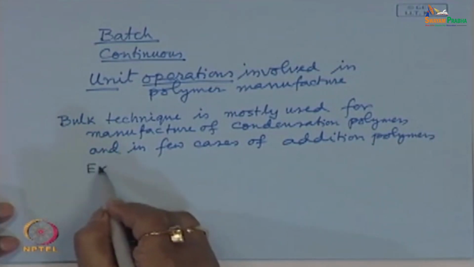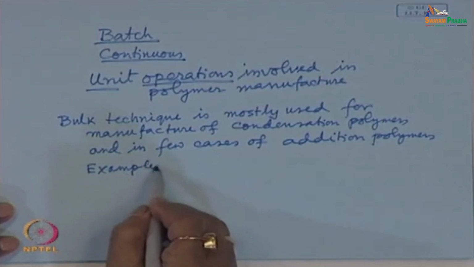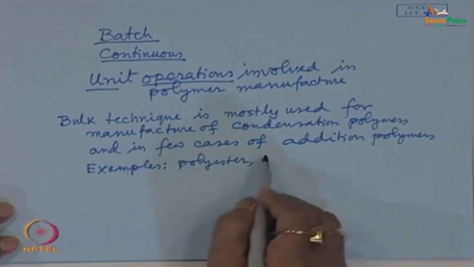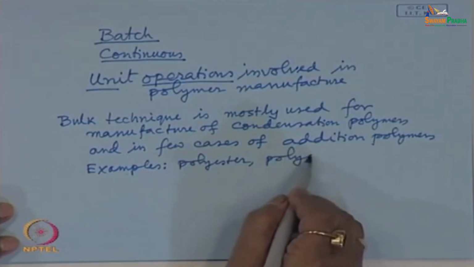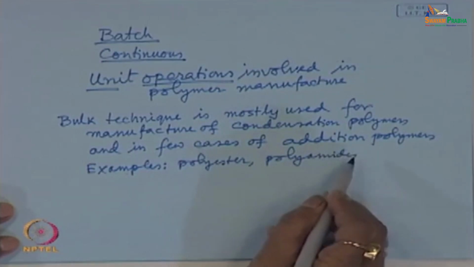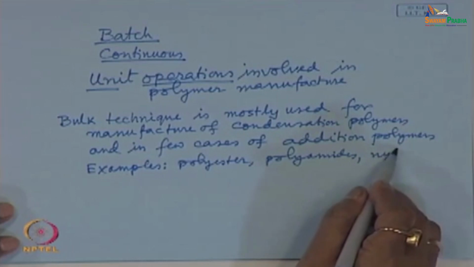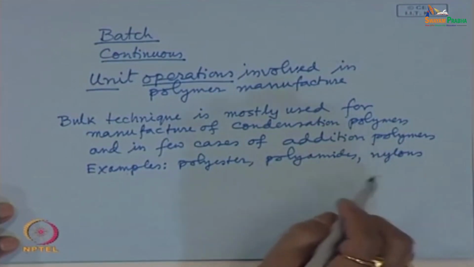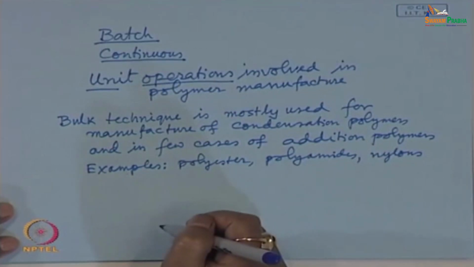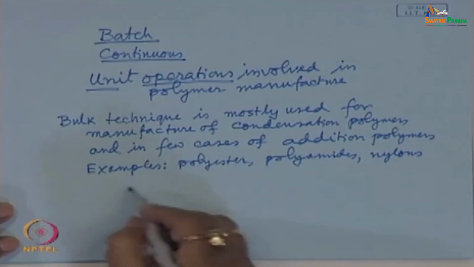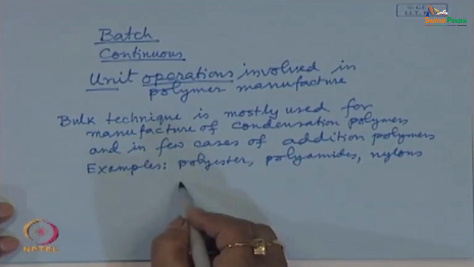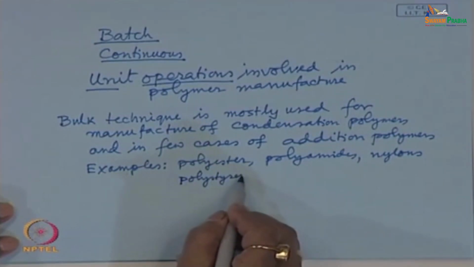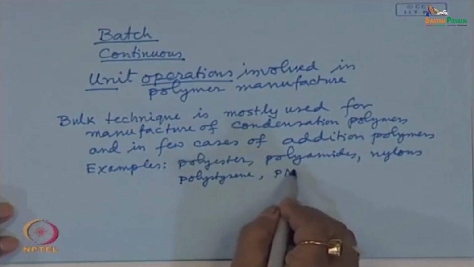Examples are polyester, polyamides, nylons, etc. And in the case of addition chain polymers, say polystyrene, PMMA.